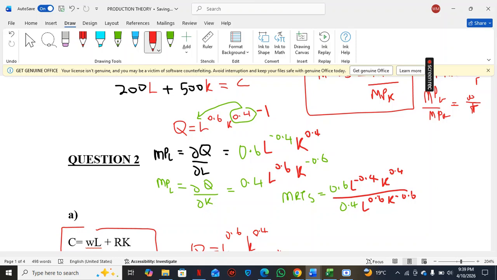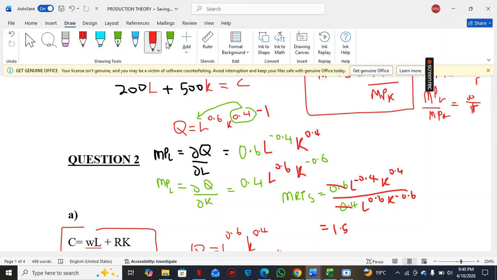Then we can simplify this. 0.6 divided by 0.4, that is 1.5.